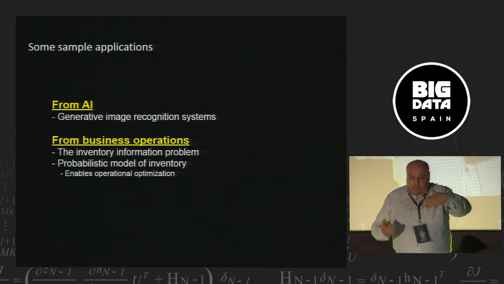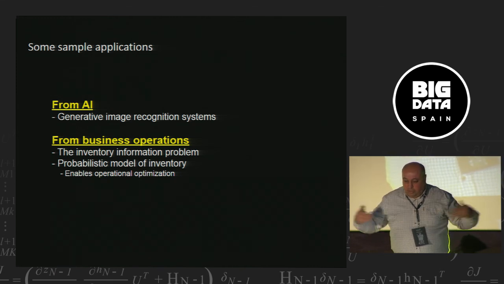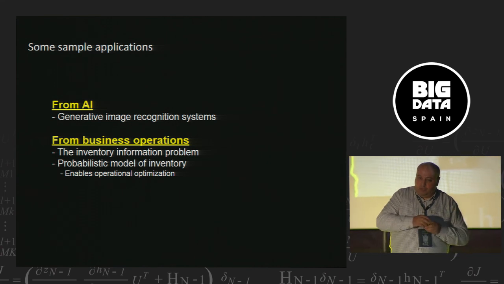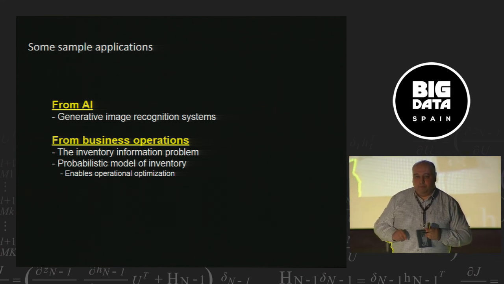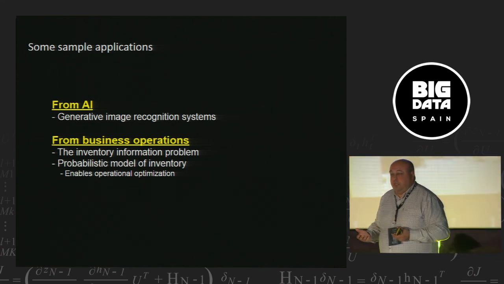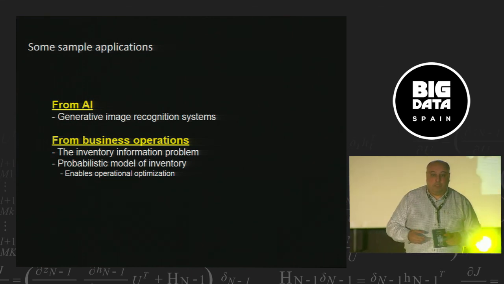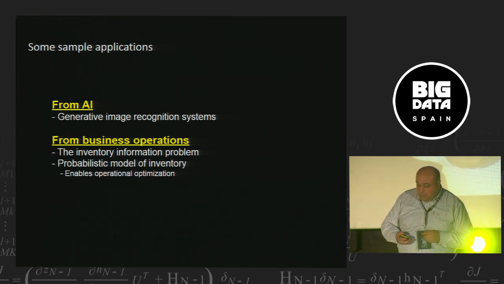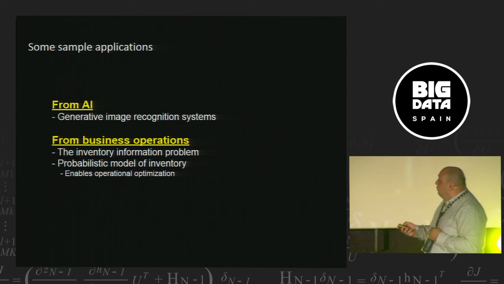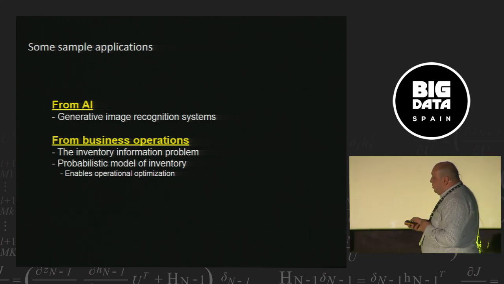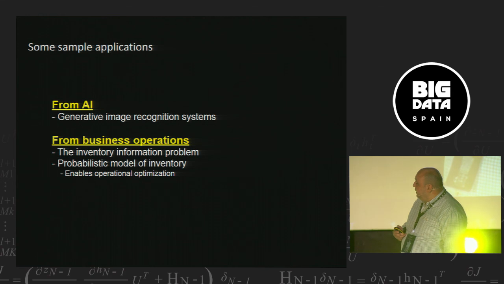The system will learn that, and it will tell you, okay, this is your inventory information, and this is probably wrong. So this has quite a lot of value in terms of operational optimization. This is the kind of models that we build using Bayesian inference mechanisms.